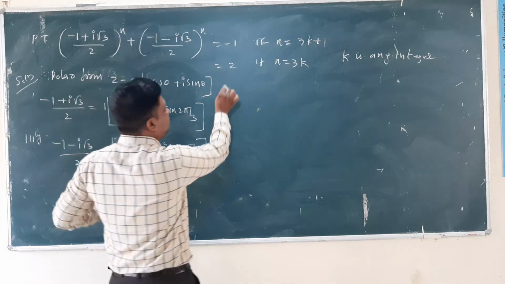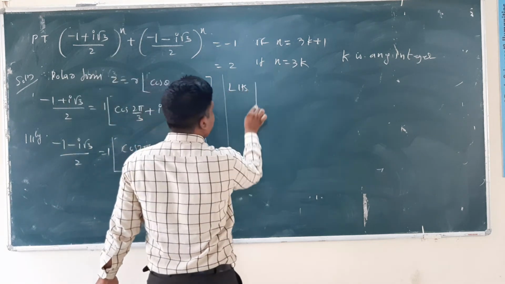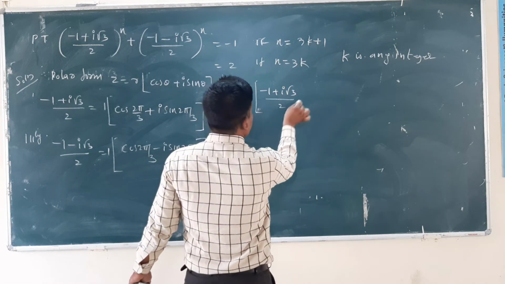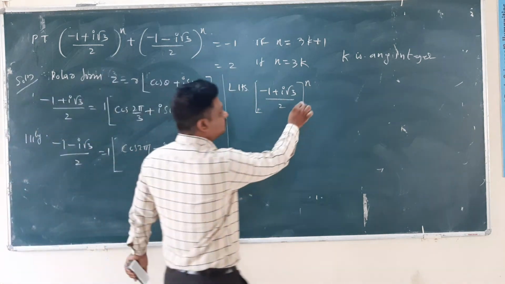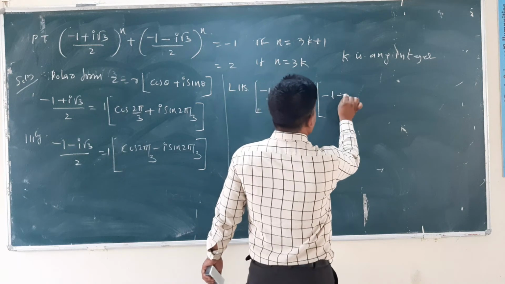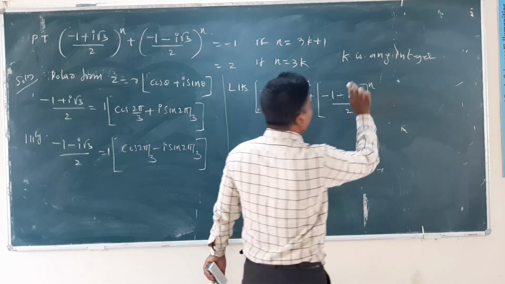Consider now the LHS part. That is ((-1 + i√3)/2) raised to n plus ((-1 - i√3)/2) raised to n.